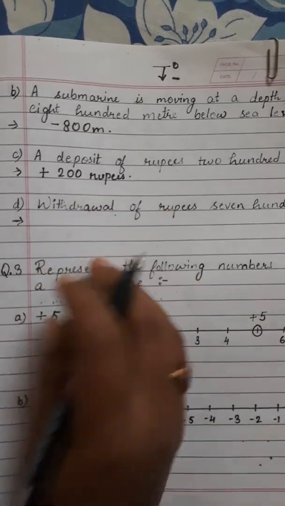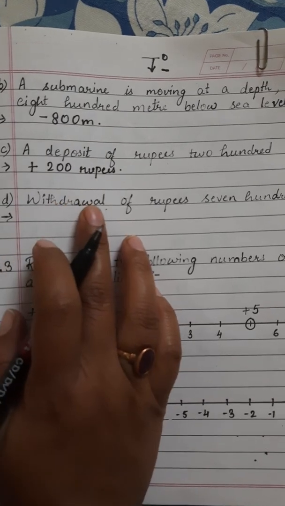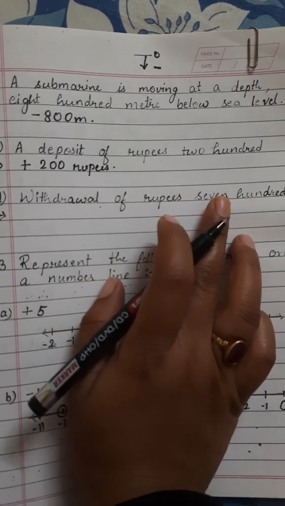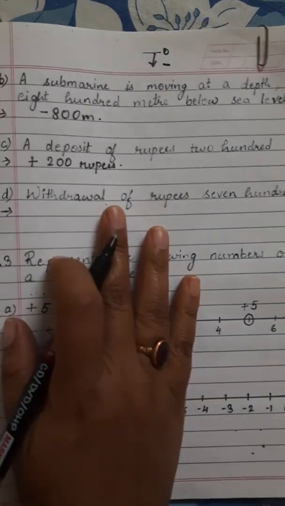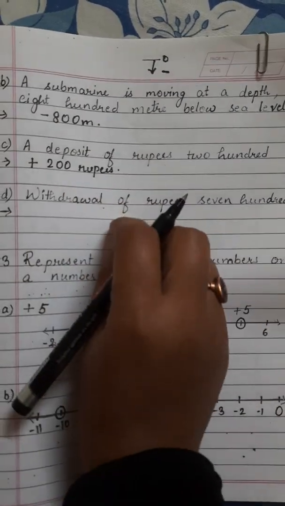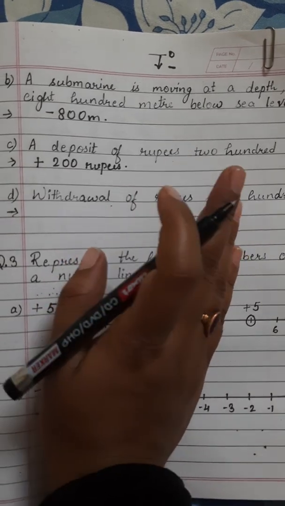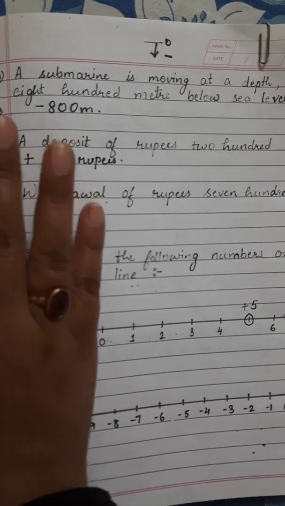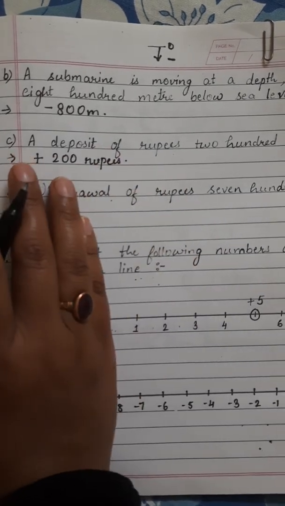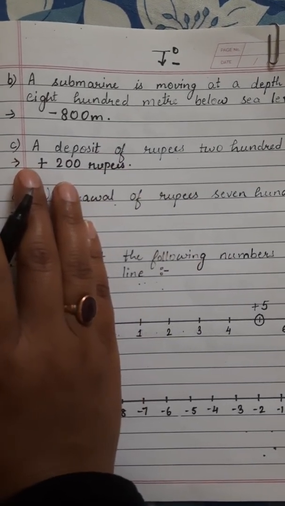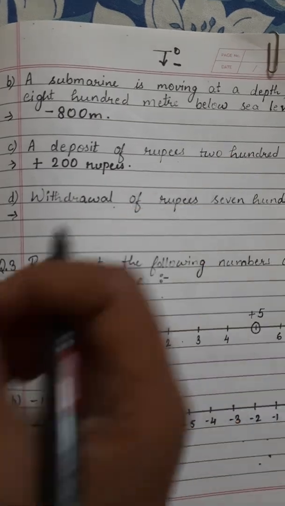Okay. Then withdrawal of rupees 700. Withdrawal means you are taking out. Like if you have 10 rupees and your brother takes 5 rupees from it, that means he is withdrawing the money from you, that is 5 rupees. So withdrawing means taking out.